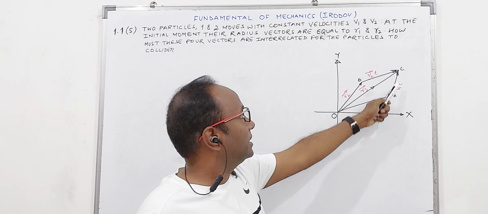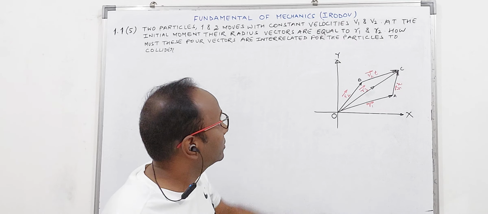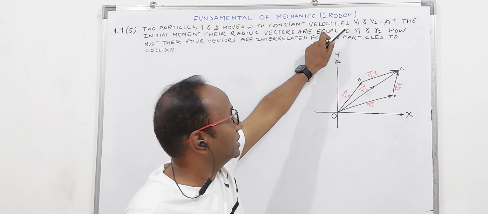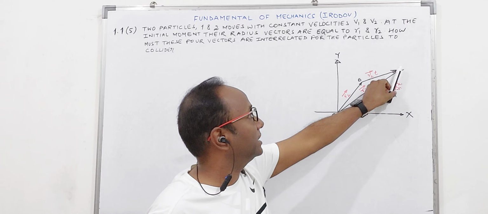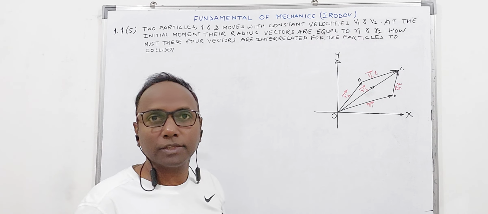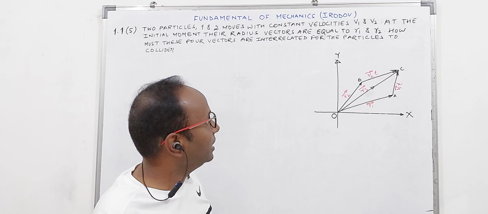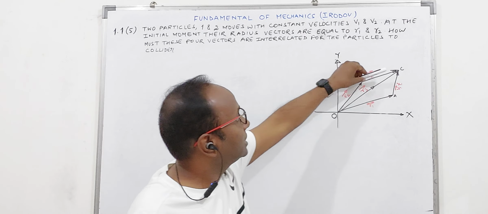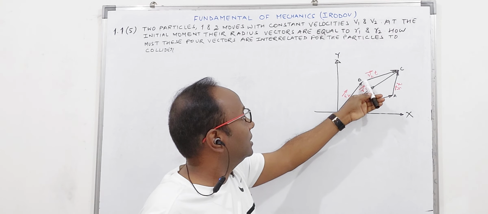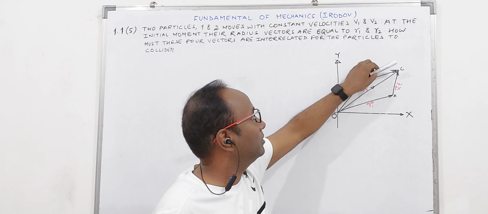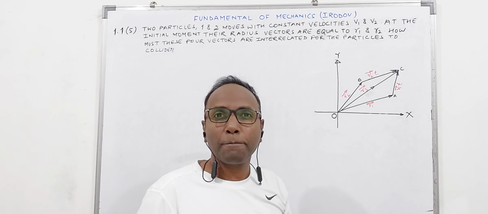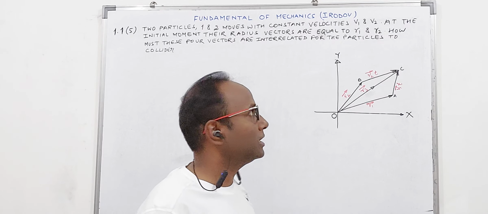So AC you can write, because v1 is given, velocity is given, so v1 into time will be AC, right? The same way, BC, velocity of particle 2 into time, will be BC. Okay?